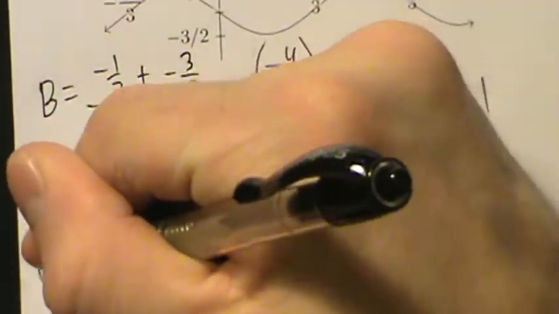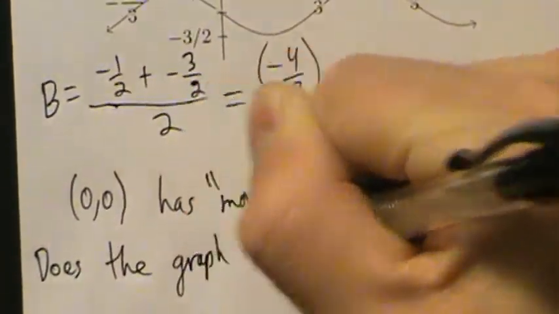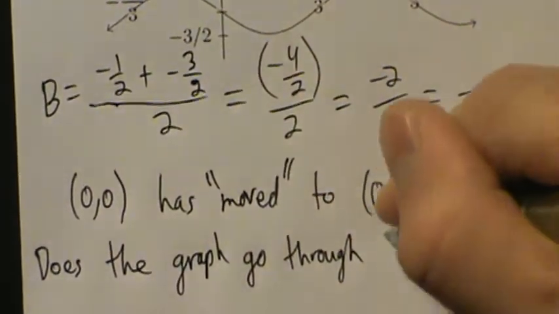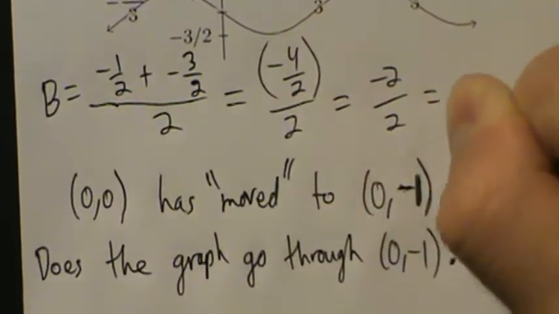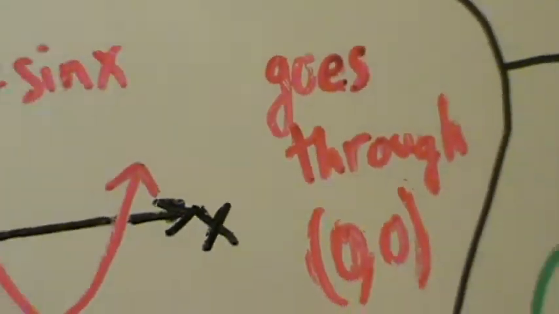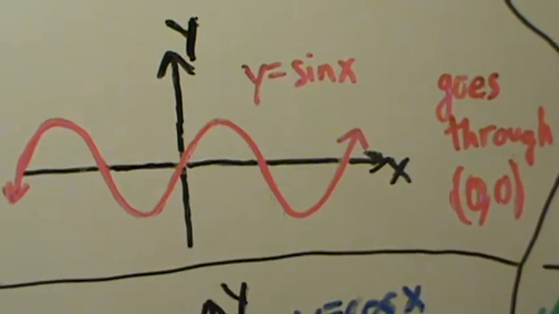So what we want to ask ourselves is, does the graph go through 0, -1? Again, normally with no vertical shift, we would ask ourselves, does it go through 0, 0? If yes, it's a sine function.